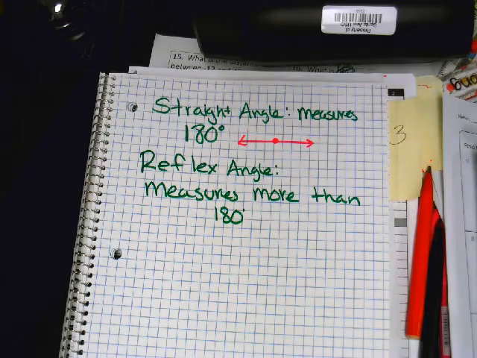I still have momentum, I'm still turning, and I stop. Did I make it all the way? No. But did I go past the 180? Yes, so that's called reflex. I hit the 90, I hit the 180, and I'm turning, and then I fall and break my hand.